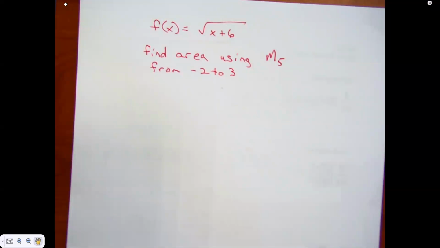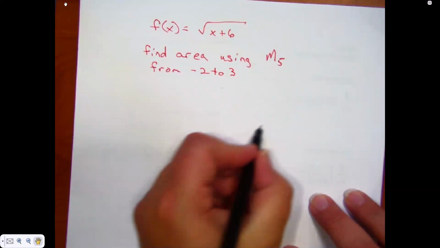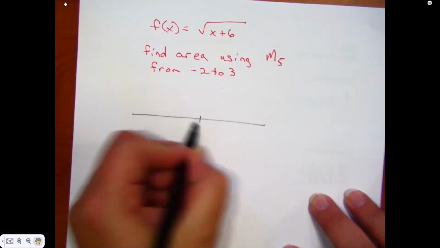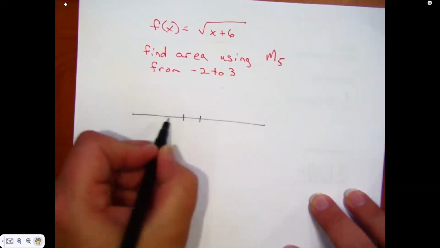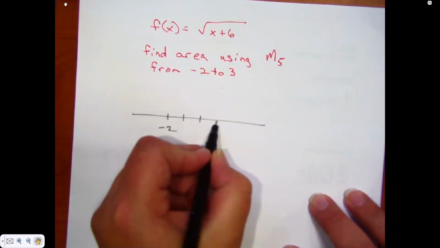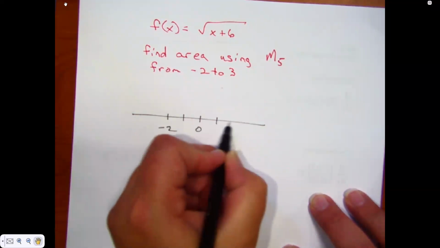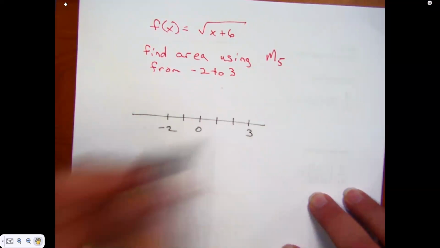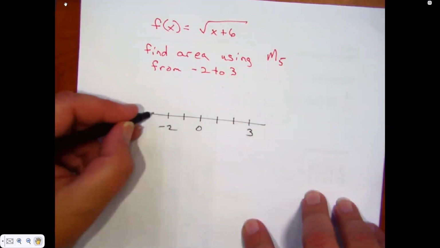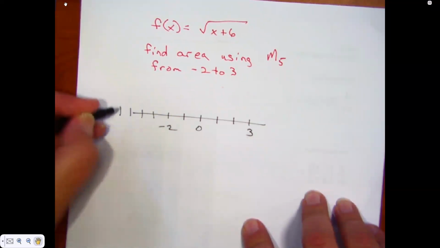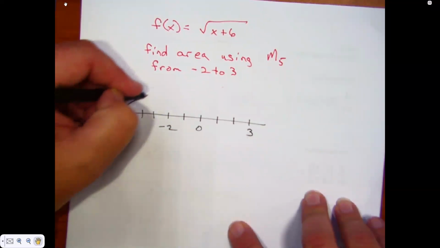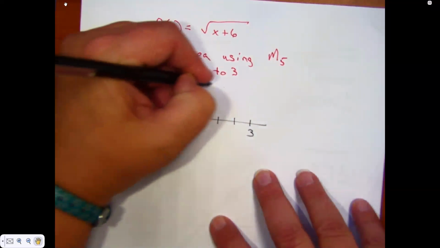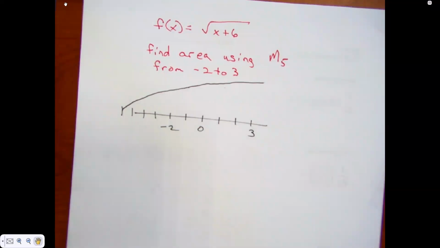Okay. All right, so let's take a look at that same graph. We're going from -2, this is 0. Okay, so we've got that same graph, and the curve looks like this.